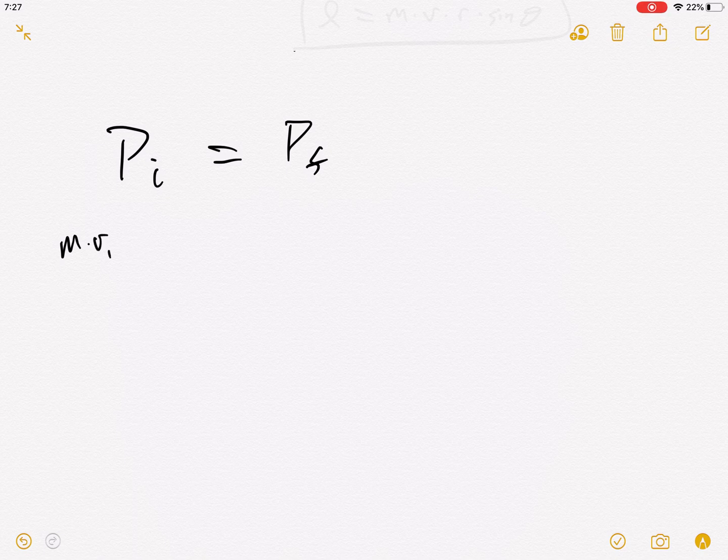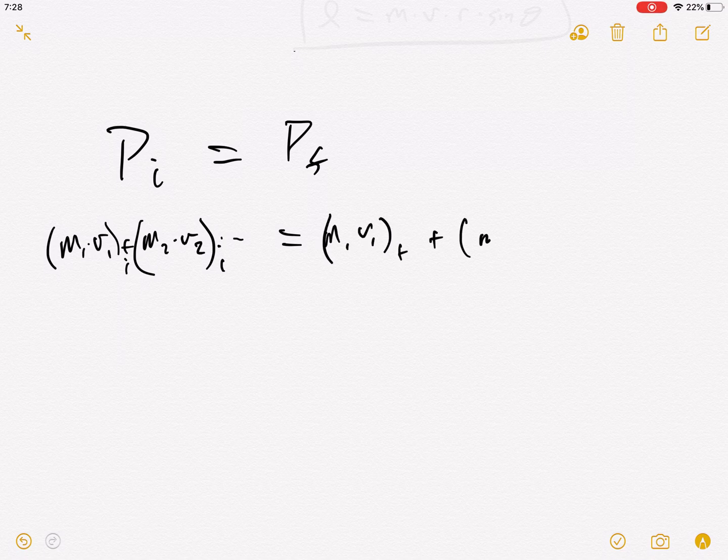So when we said linear momentum is conserved, P initial equals P final, that's m1v1 plus m2v2, etc., these are all initials, equals m1v1 final plus m2v2 final, etc.